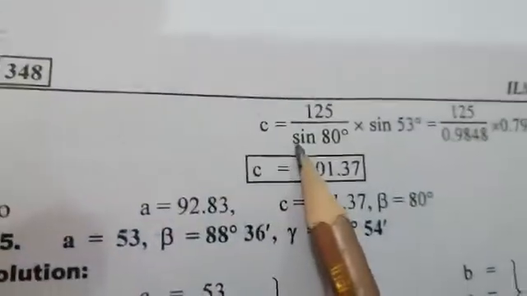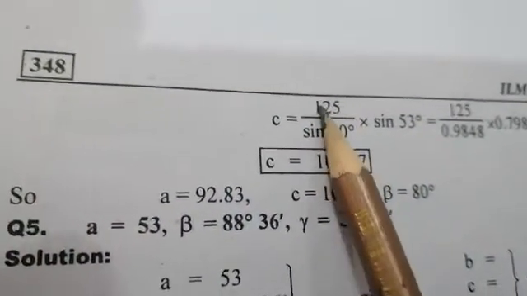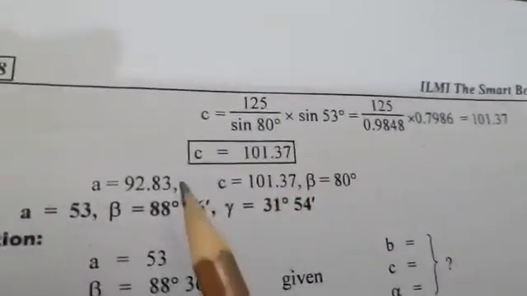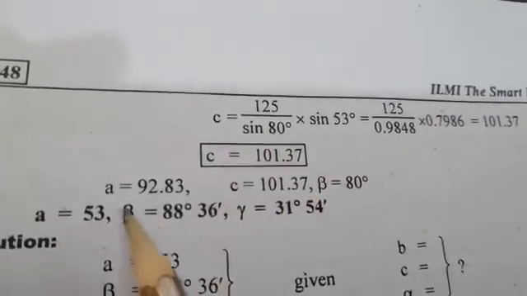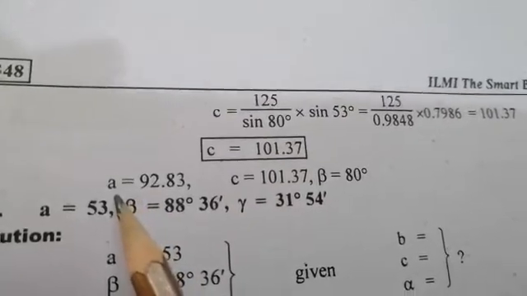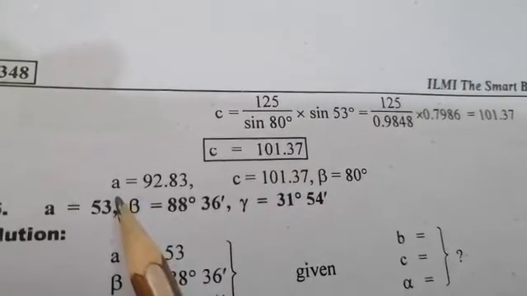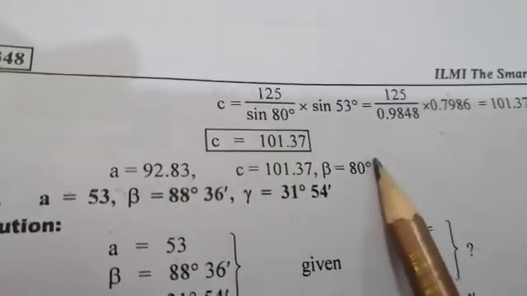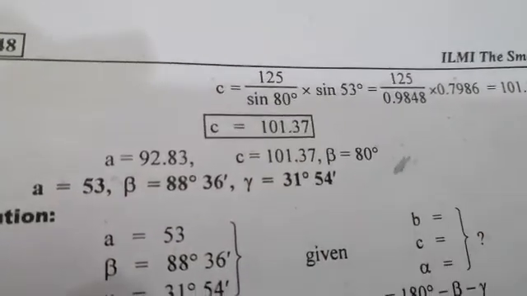When we put the values in that expression, we can get the result of side c. It means we have found the 3 remaining elements of the triangle. It means we have solved this triangle.